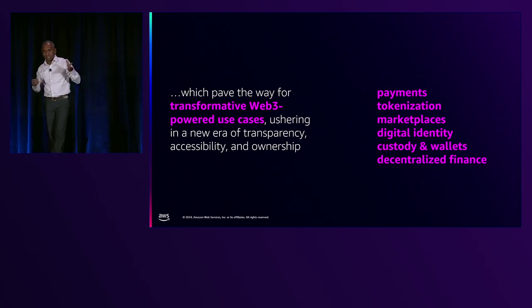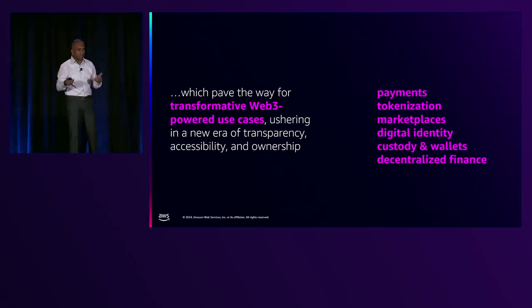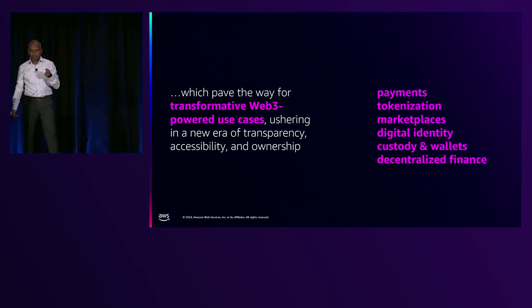And then there are some other foundational principles like transparency and direct ownership of your assets, direct ownership of your data. Blockchain networks are also immutable in nature. So with that comes immutability and a certain level of transparency that did not exist before.